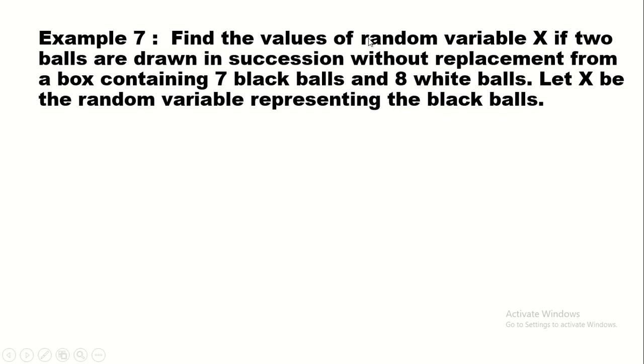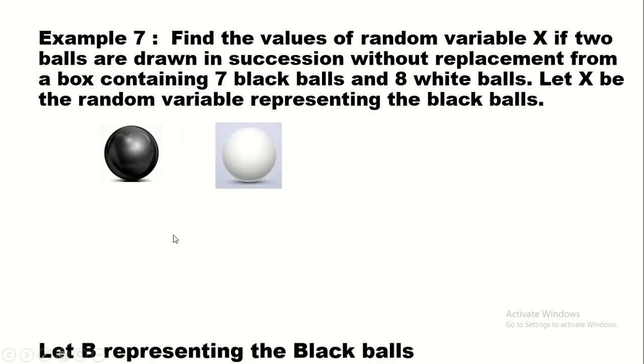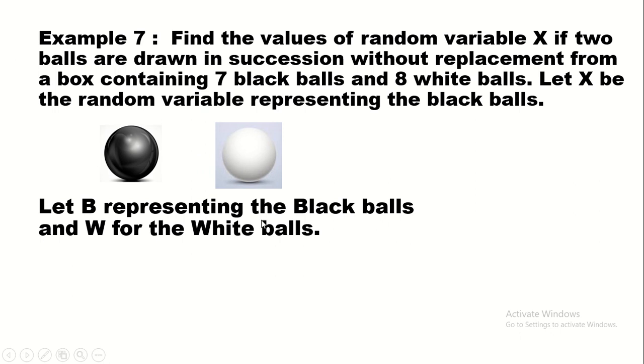Example number 7. Find the values of random variable x if 2 balls are drawn in succession without replacement from a box containing 7 black balls and 8 white balls. Let x be the number variable representing the black balls. Meron daw pong isang kahon na kung saan naglalaman ng 7 black balls at 8 white balls. Okay, let B represent the black balls and W the white balls.